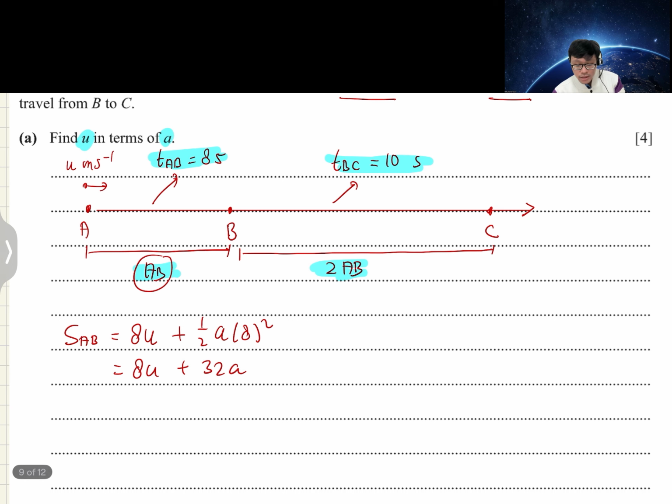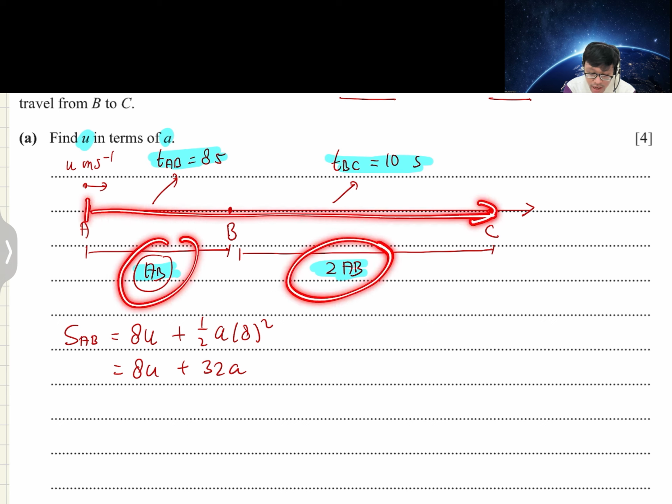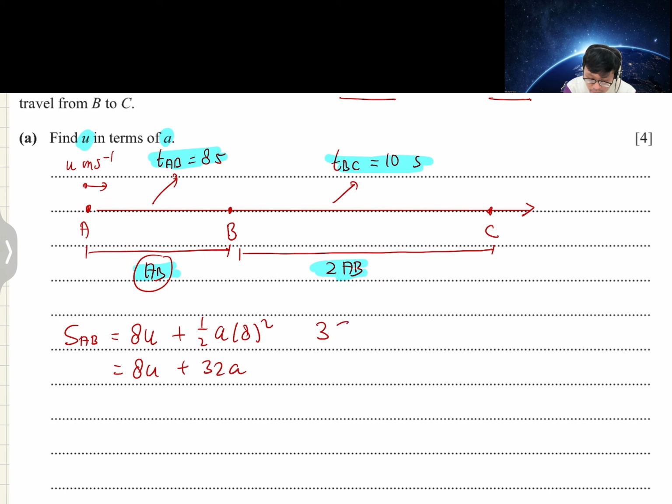For the second equation, we can use B to C, but we don't know the speed or the velocity at B. So instead, I prefer to find from A to C. If you look at the distance from A to C, it is basically 3AB. So that will be 3 times the distance from A to B. For A to C, the time is 18 in total, so 18u plus half times a times 18 squared.